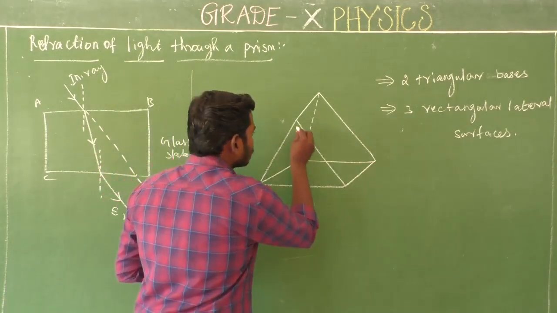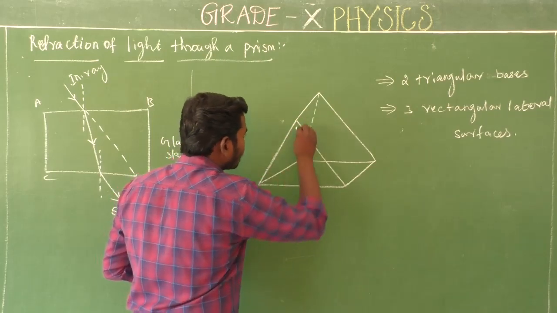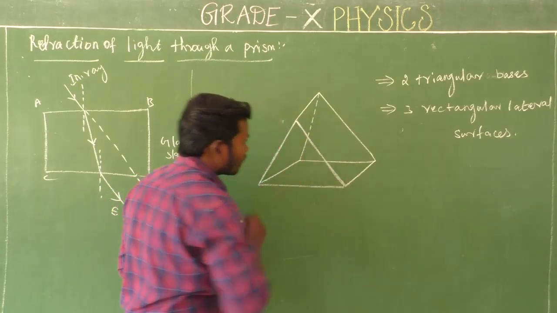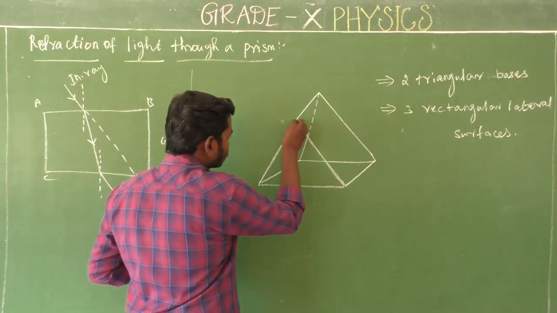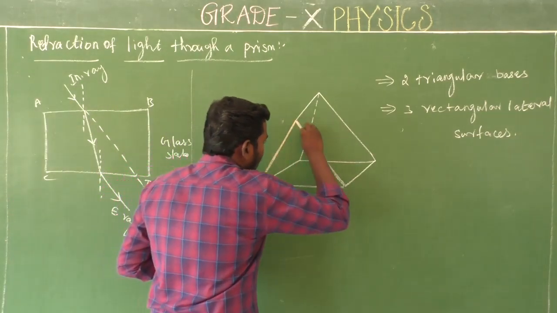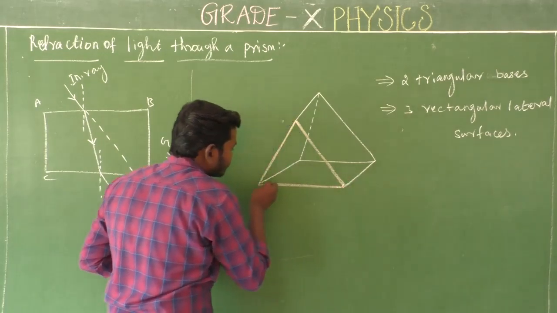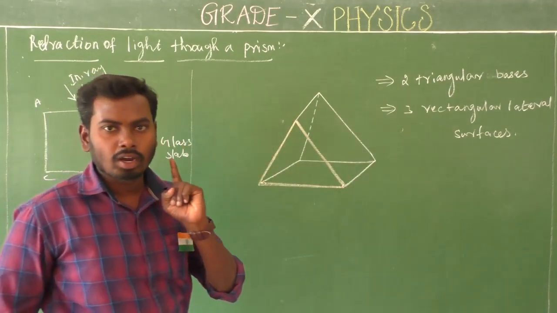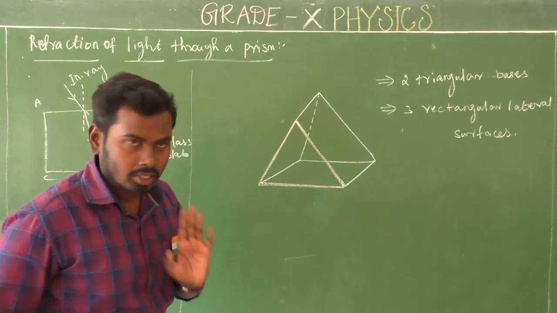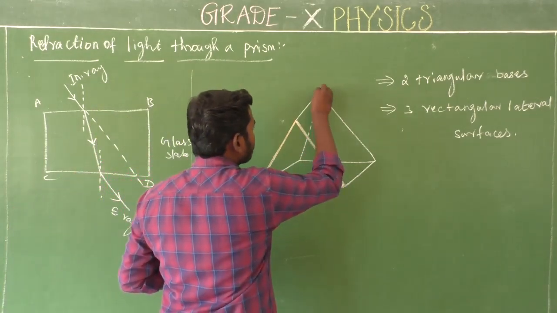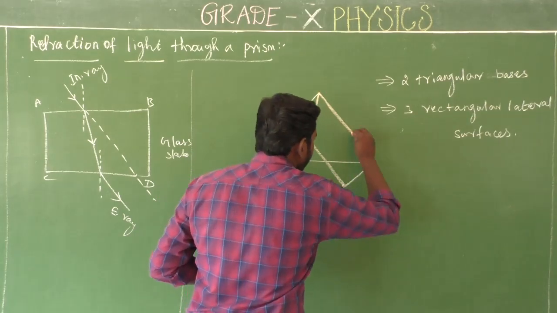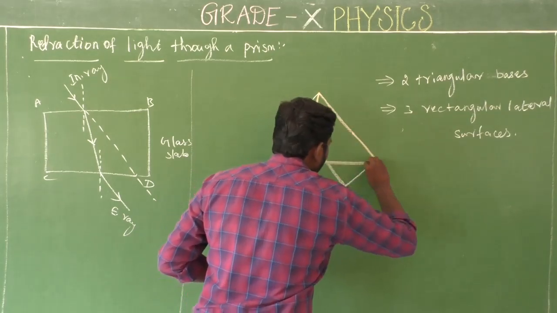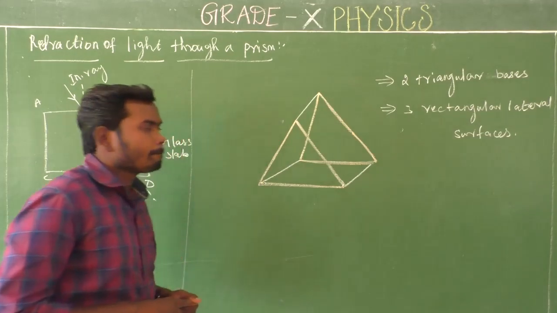Look here. This is one triangular end. I'll change the chalk color. This is the first triangular base, or end. Then this is another triangular base, or end.